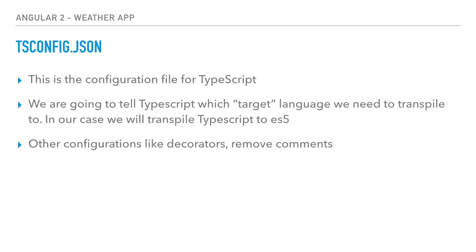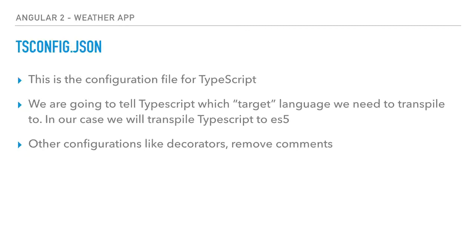The most important property that we have to configure is the final result of the transpiling, which is the language that we want to have. So as our browsers right now only know about ES5, we should specify ES5 until browsers fully support ES6. There are other types of configurations like decorators, comments, and so on.